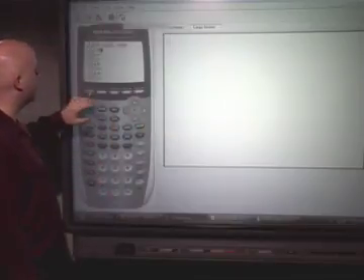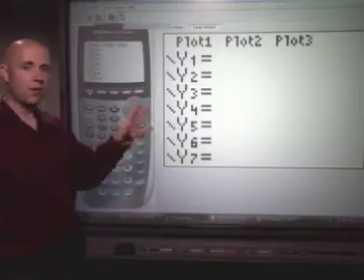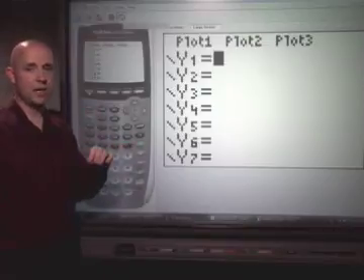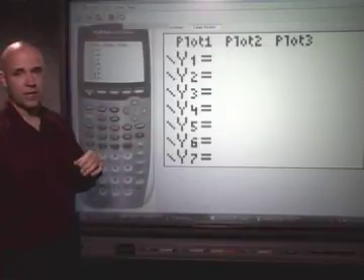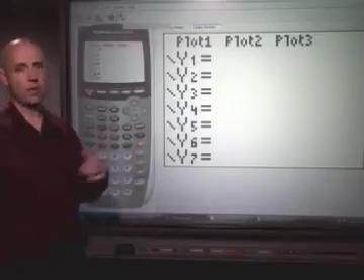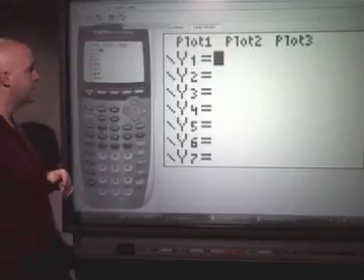So in y equals, we're going to put in log base 2 of x plus 7 first. Now if we notice on our calculator, we only have two log bases that we can use. We have base 10 and base e. In this problem we're using base 2, so we need to use our change of base formula. We can use either base 10 or base e, which is the natural log, and we're going to prefer to use the natural log in this case.